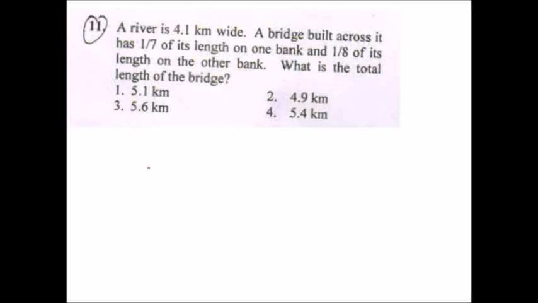Next question. A river is 4.1 kilometer wide and a bridge is built over it. Suppose this is the bridge and this is the width of the river, and the river is flowing from here. At one bank the bridge is 1/7 of its length, and at the other end it is 1/8 of its length.